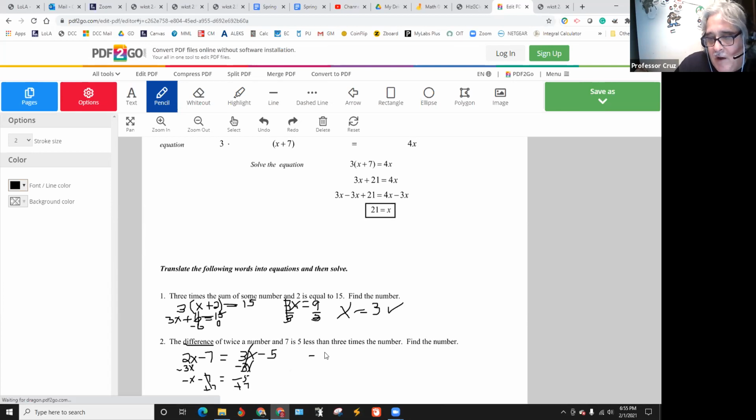So negative x is equal to 2. So what's the solution? We have to have a single x, so change the sign of both of them, which is the same thing as multiplying by negative 1.